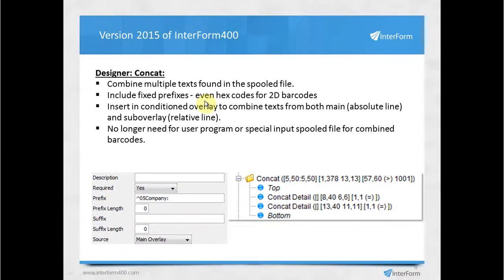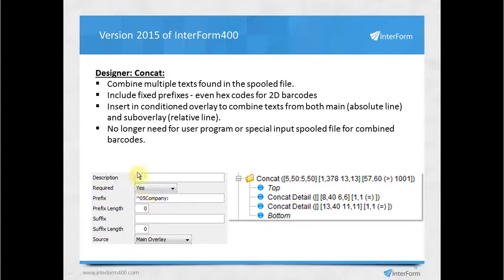For example, for some of our 2D barcodes, you might want to insert some low hex ASCII codes, which is actually an unprintable character. And if you combine this with a specific setting in your 2D barcode, then you can use this sequence, for instance, to add the hex character 05 into the barcode that you're scanning.